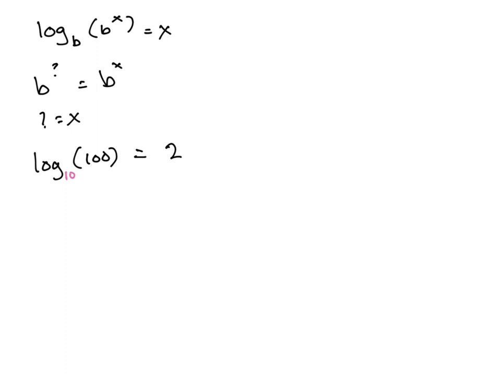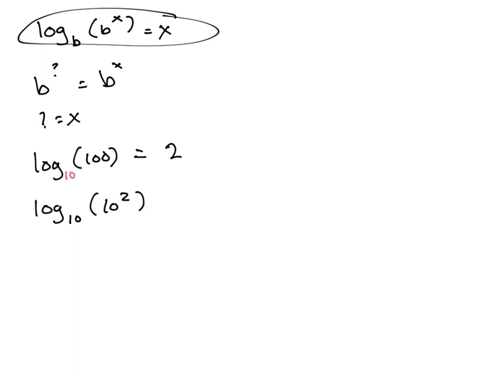Or I could say this is log base 10 of 10 squared, where 10 to what power gives me 10 squared, and now I realize the answer there is 2. So two different ways to look at the same type of problem. Any questions on that at all?